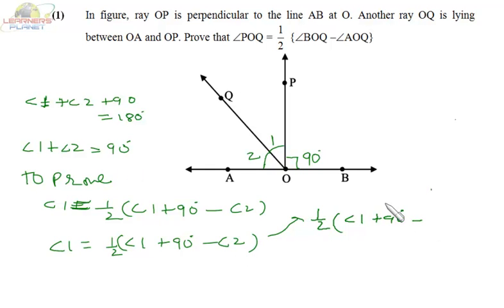It's 90 minus angle 1. If I open the bracket, it will be minus 90 plus angle 1. So the 90s cancel, and it's half of twice angle 1, that is angle 1. So on the right hand side we got angle 1, and that is what we had to prove. So it's quite easy.